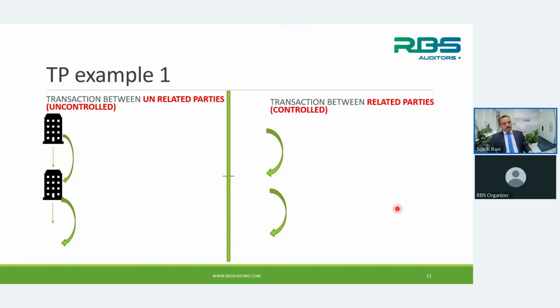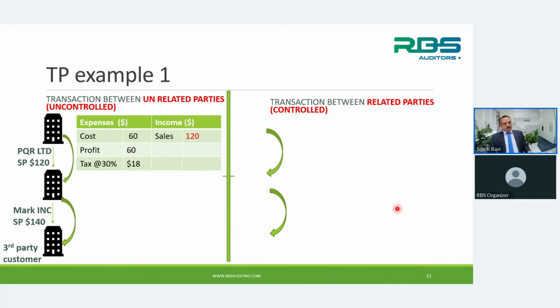Let's see a TP example. For example, PQR Limited, the first example, relates to an unrelated transaction. PQR Limited sells to Mark Inc., situated in another country, at a selling price of $120, and Mark Inc. sells to the third party customer at 140. Let's see the cost part. Cost is 60, sales is $120, and profit is 60.